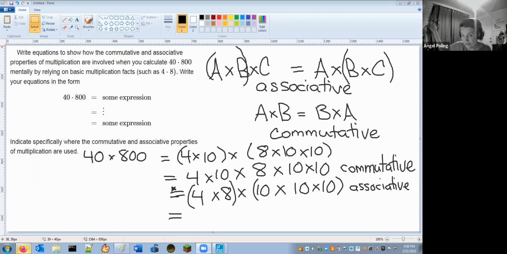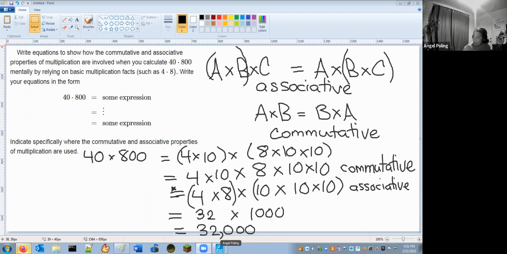We grouped them all very specifically with each other. Otherwise, we should just be multiplying from left to right. And so in my brain, I said 32 times 1,000, right? That's where I got the 3 zeros that I tacked on to the end. And then 3, 2, and 3 zeros.